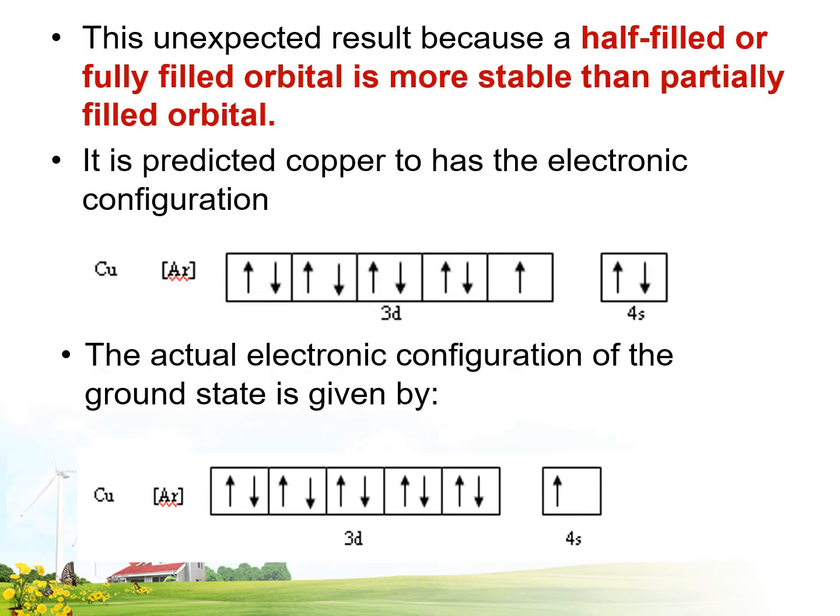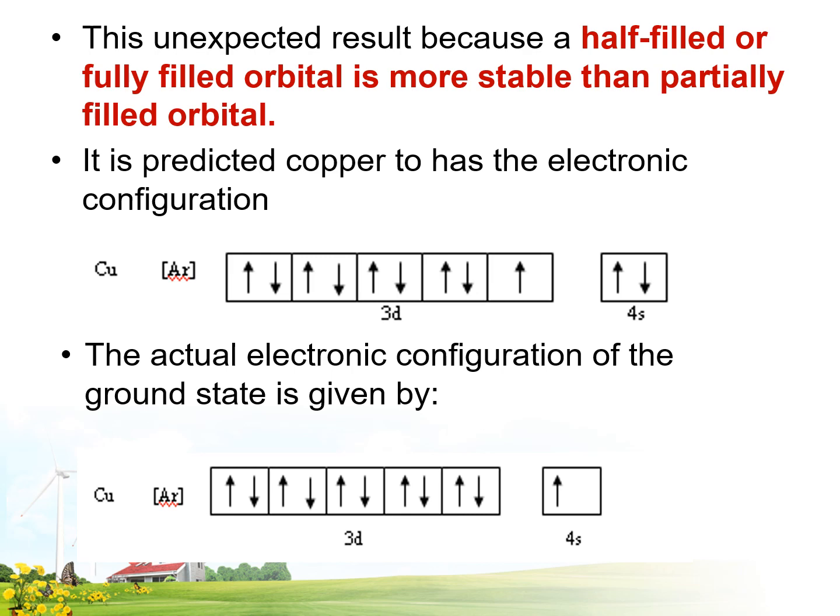Yes, half-filled or fully filled orbitals are more stable than partially filled orbitals. For example, copper should have 3d9, 4s2. But actually, when we look at the experiment, the data given to us is that electrons fill the 3d first. So it is 3d10 and 4s1.